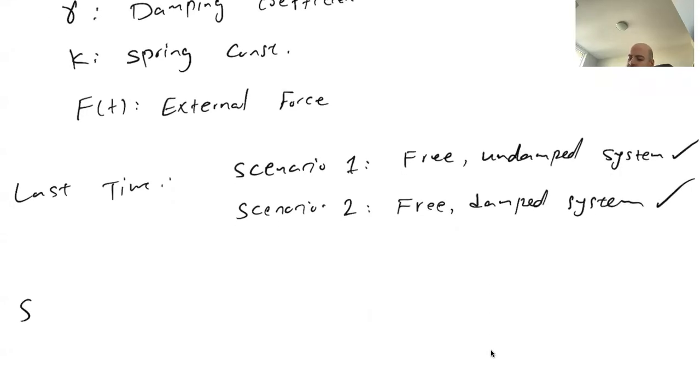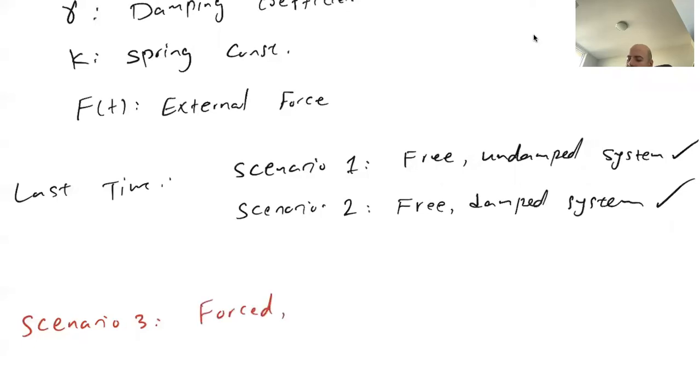Now, another scenario that we want to look at this time, scenario 3. So this time we want to assume that we do have external forces. So we will call this case forced oscillation. Forced means we assume there exists some external forces.